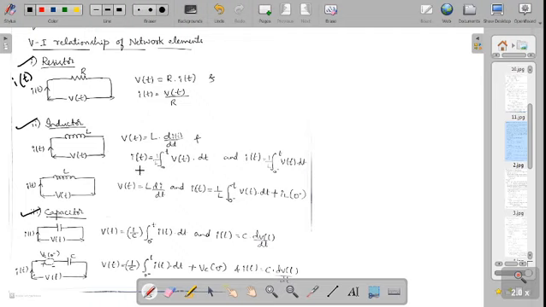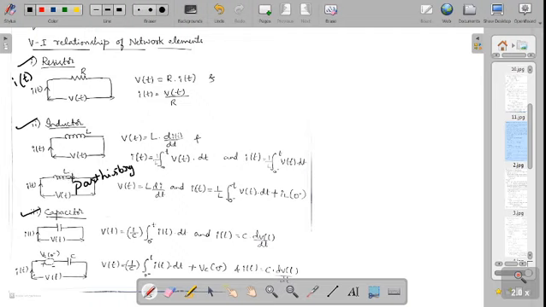Now let us consider the inductor with some past history. So it is having some past history. What does it mean? It is having some current which is present in the inductor before placing it into the circuit.